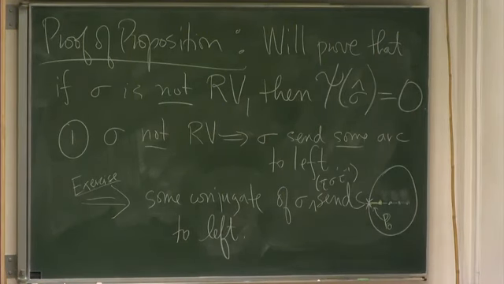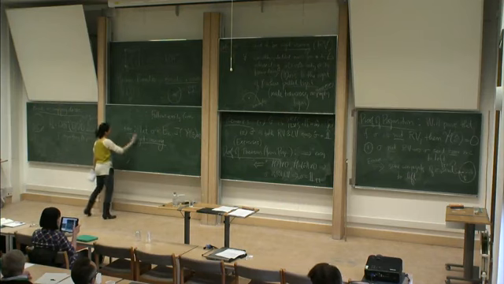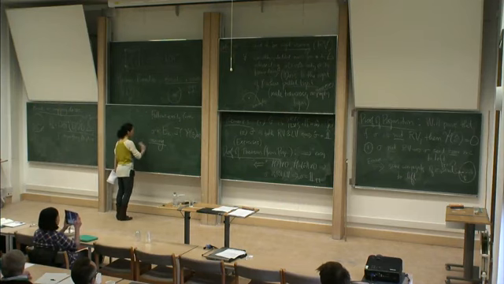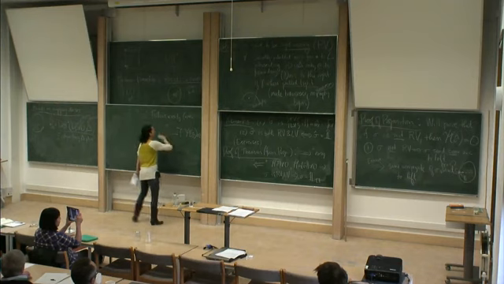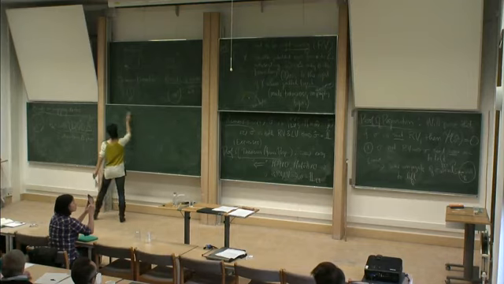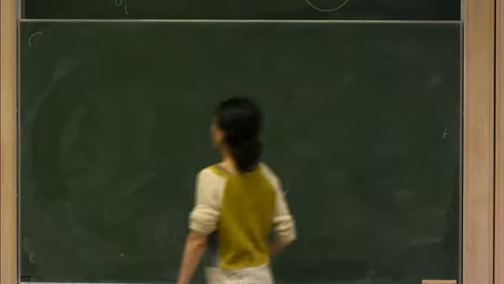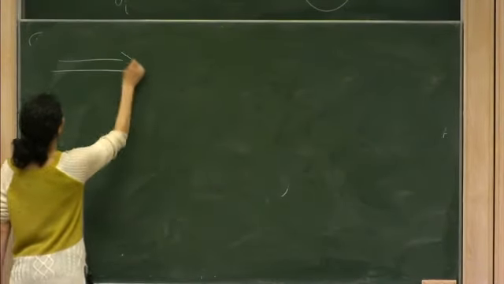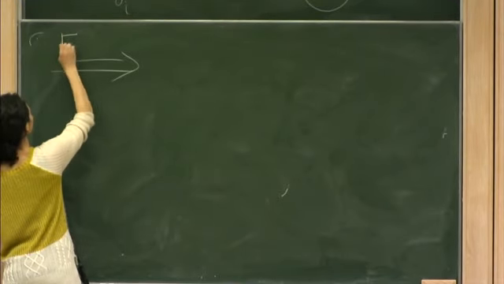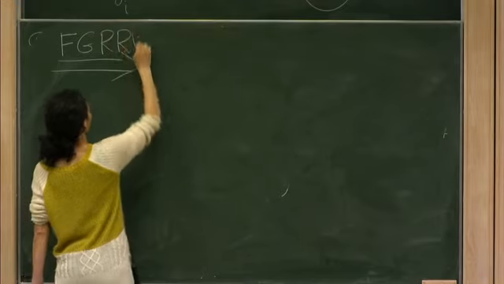Okay, but now there's this really beautiful result of Fenn, Greene, Rolfsen, Rourke, Wiest. Ben asked me for these names after, if you like.